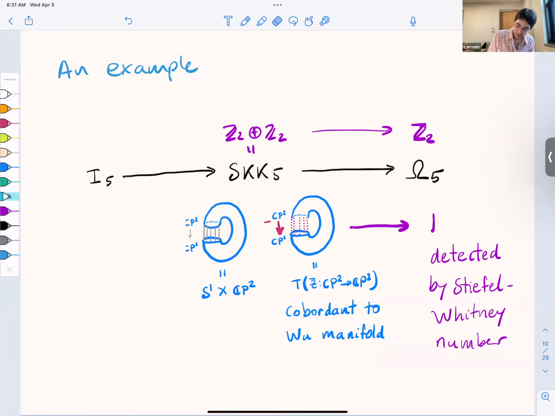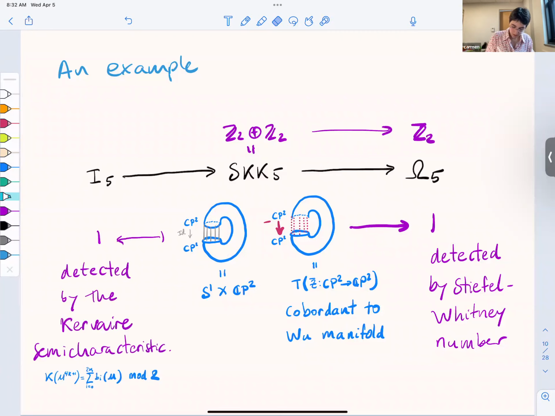But if I compute the semi-characteristic of this, and that's not difficult, that's just by using Kervaire's formula and looking at your Betti numbers, you just do a little bit of a computation, you actually see that the Kervaire semi-characteristic of this manifold is actually non-trivial.